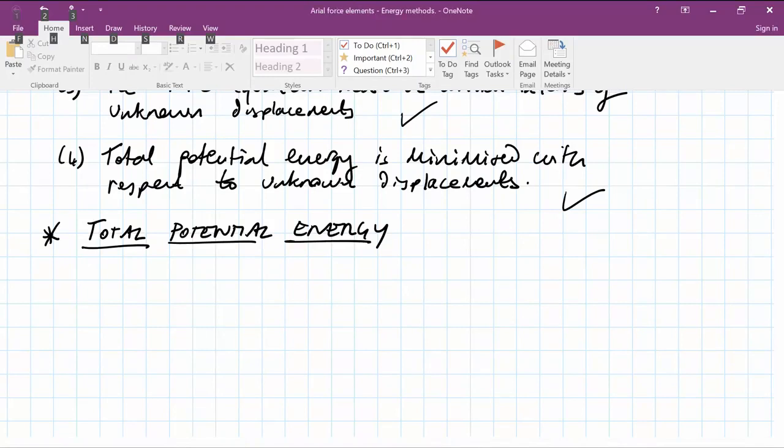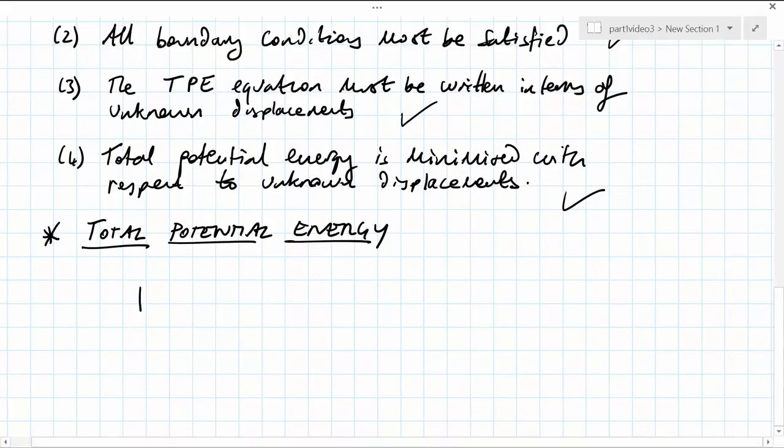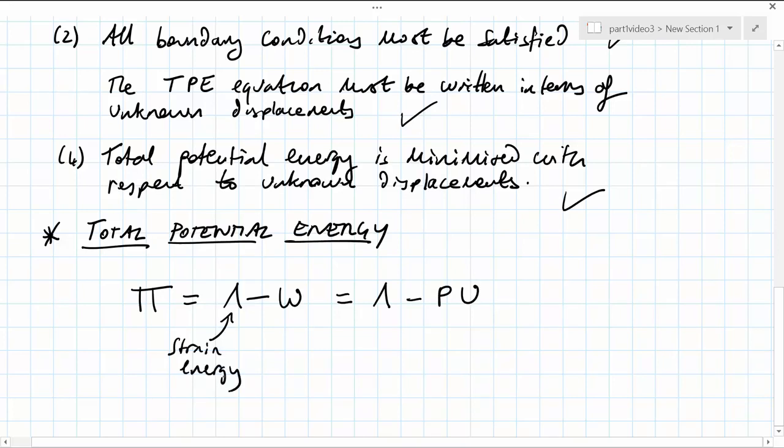To begin our analysis, we write down the general expression for total potential energy as denoted by capital Pi. That equals Lambda minus W, which is equal again to Lambda minus P times U. Lambda in this expression is the strain energy. W is the work done by the load.